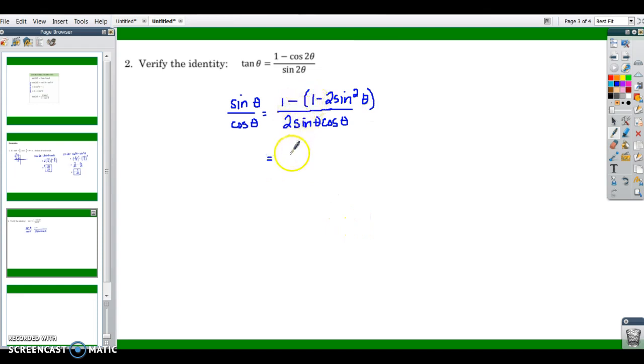So if I distribute that negative, I have 1 minus 1 plus 2 sine squared theta over 2 sine theta cosine theta. 1 minus 1 is 0, so that just gives me 2 sine squared theta over 2 sine theta cosine theta.